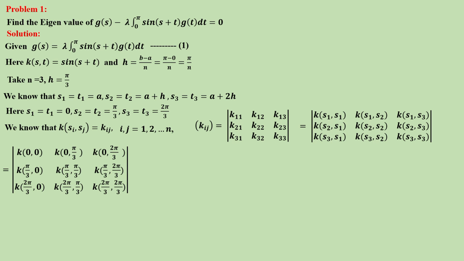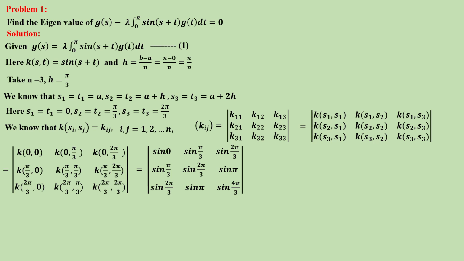We know the values of s1, s2, s3, so substituting: k(0, 0), k(0, pi by 3), k(0, 2 pi by 3), k(pi by 3, 0), k(pi by 3, pi by 3), k(pi by 3, 2 pi by 3), k(2 pi by 3, 0), k(2 pi by 3, pi by 3), k(2 pi by 3, 2 pi by 3).